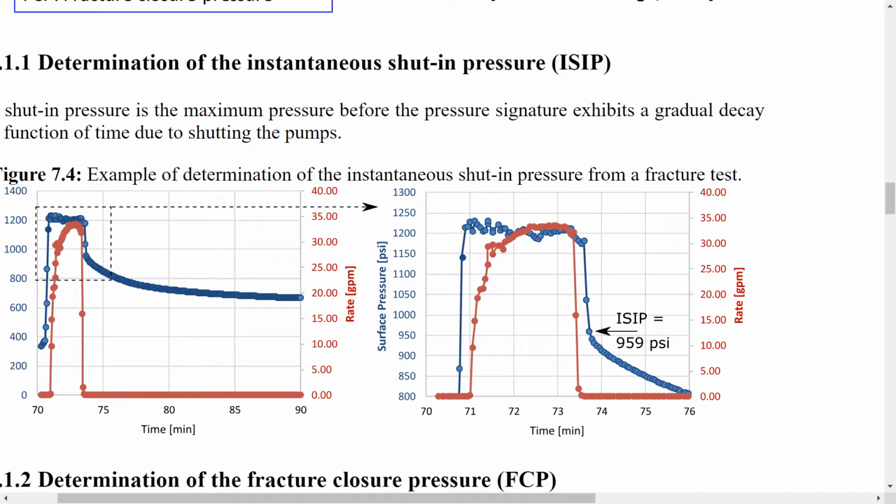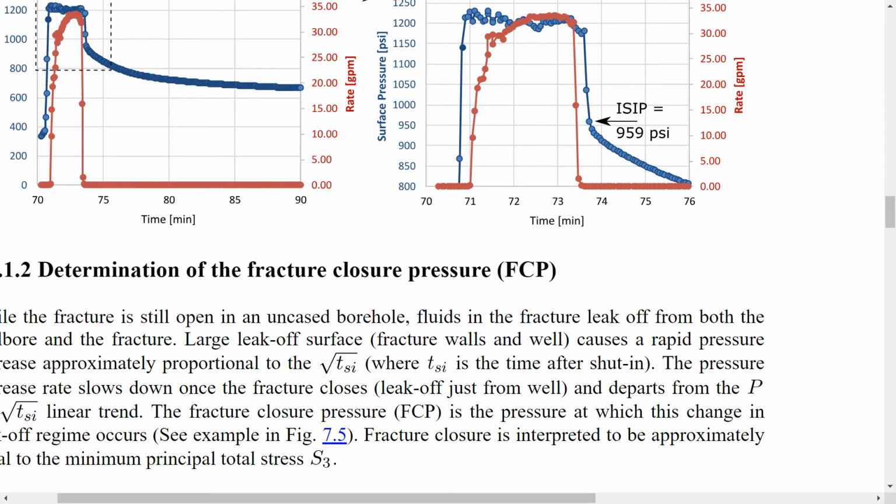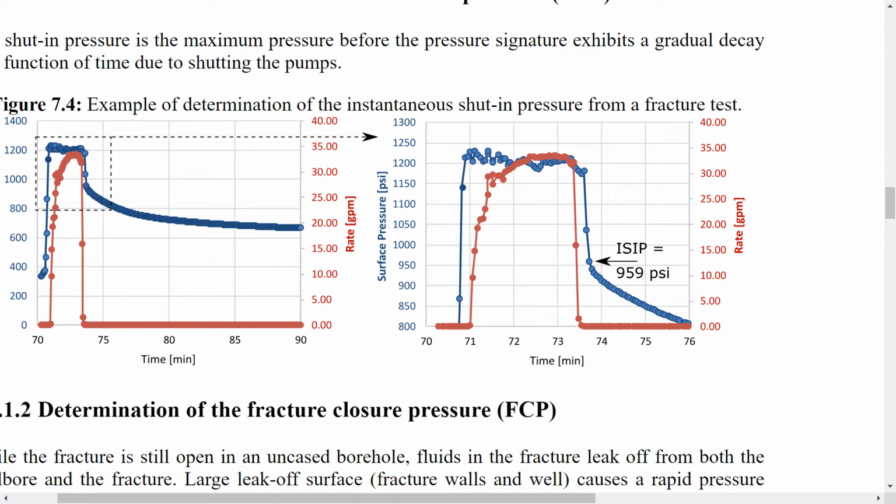Why do we need this shut-in pressure? Because in order to calculate the fracture closure pressure, you're going to plot the surface pressure as a function of the square root of time after the instantaneous shut-in. When you do that, this is the same data. I'm starting to pick up the data from here onward.